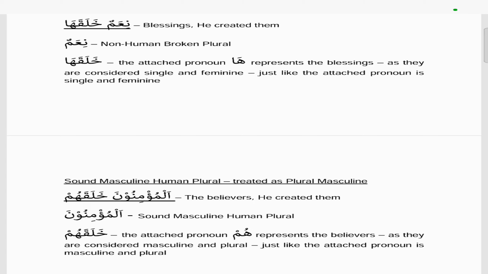And non-human broken plurals are treated as single and feminine, whereas the rest of it, which is khalaqaha, means he created them. So the attached pronoun ha represents the blessings, the ni'amun, in the example, as they are considered single and feminine, just like the attached pronoun ha is considered single and feminine. And remember, the original independent pronoun is hiya, which is singular and feminine, and the attached pronoun version of hiya is ha.